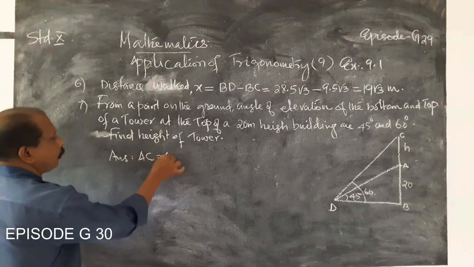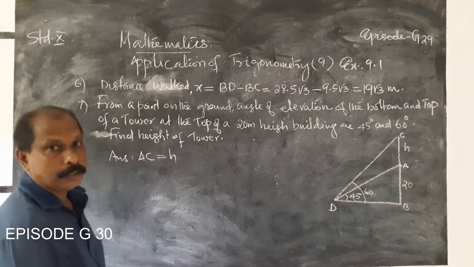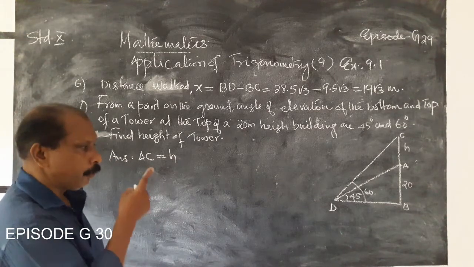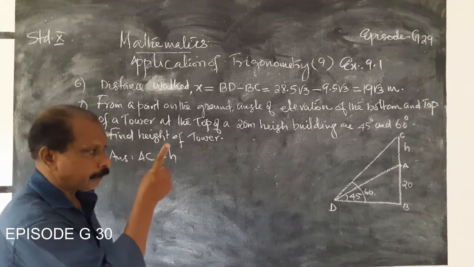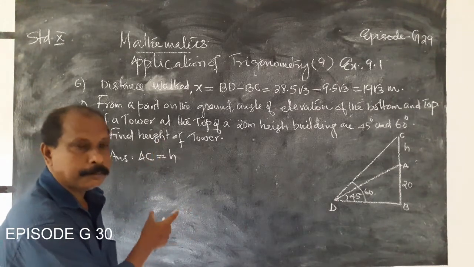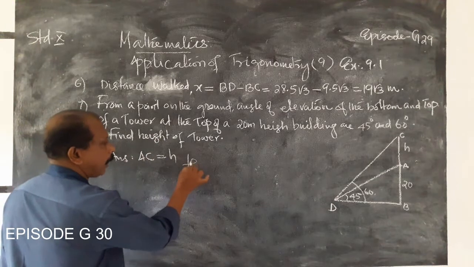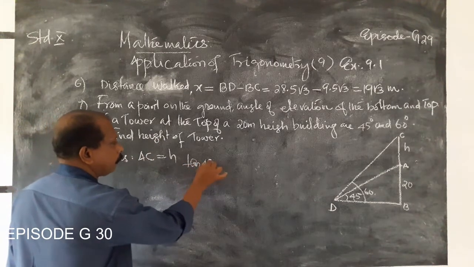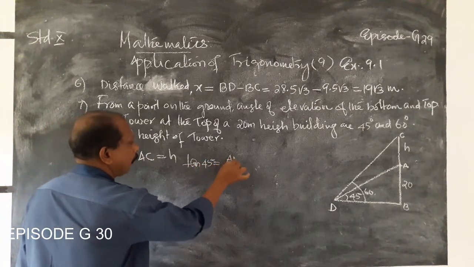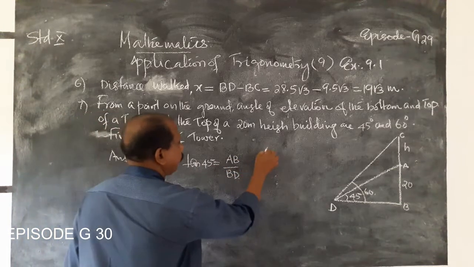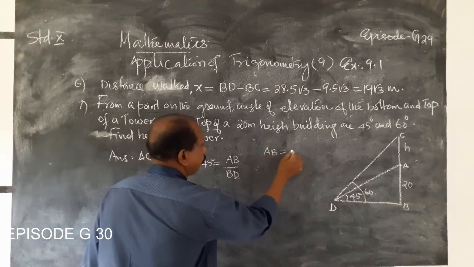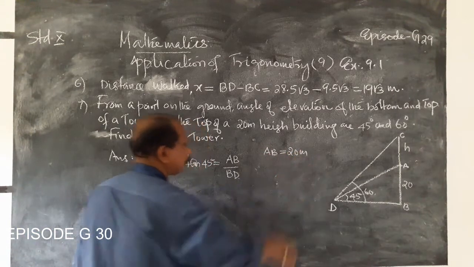AC is equal to H, that is the height of the tower. Using the angle 45 degree, the opposite is AB and adjacent side is BD. Therefore, tan 45 is equal to AB by BD. What is AB? AB is the height of the building, that is 20 meter.